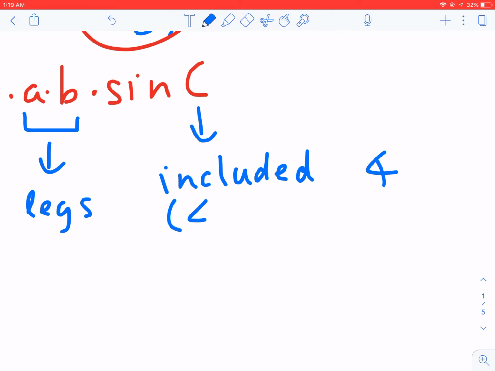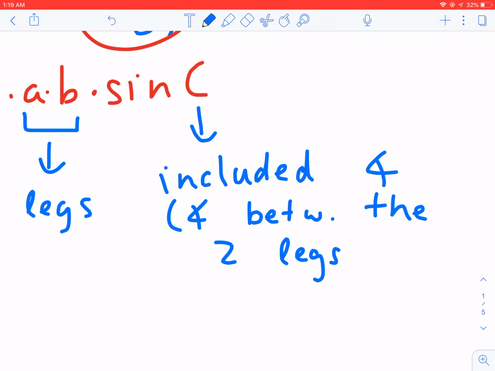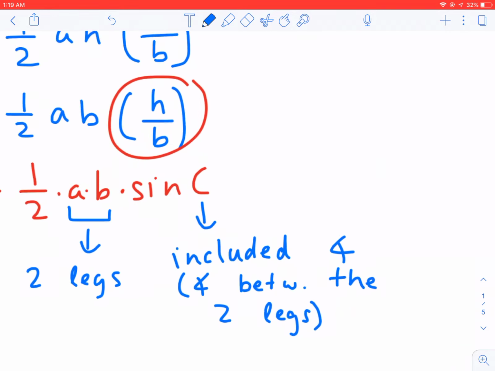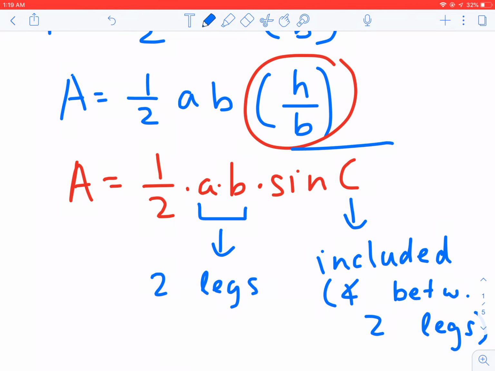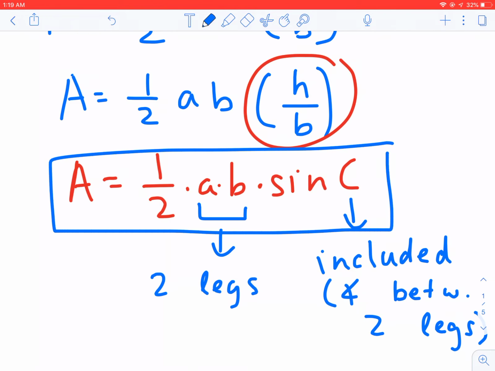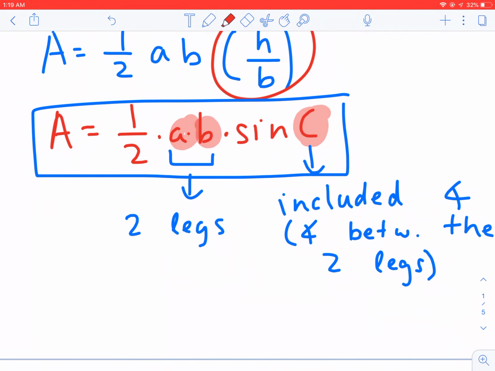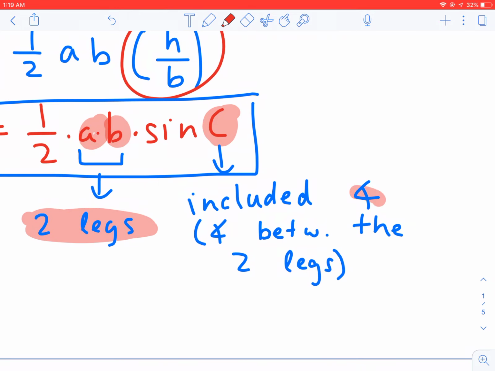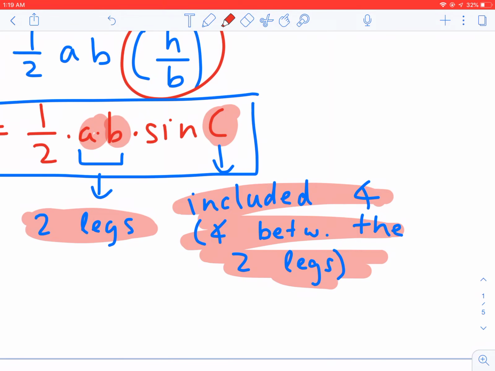In other words, that's the angle between the two legs. Cool? So this is a way you can remember it, but A, B, and C really have no meanings, right? A and B, those are two legs, and angle C, that's the included angle between the two legs.